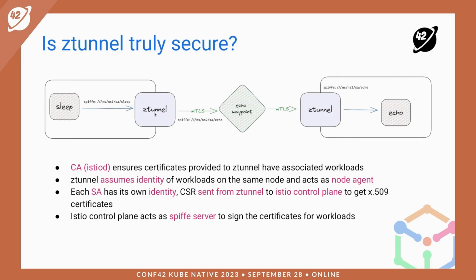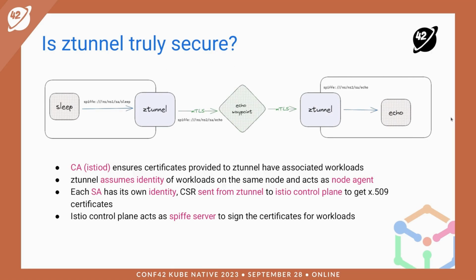It then sends a CSR request to the Istio control plane on behalf of this particular service to get its identity back. The Istio control plane then signs it and returns the X509 certificate to the ztunnel. Here the Istio control plane is acting like the SPIFFE server which signs the certificates for a particular workload. And this is how the entire certificates are being managed in the service mesh.